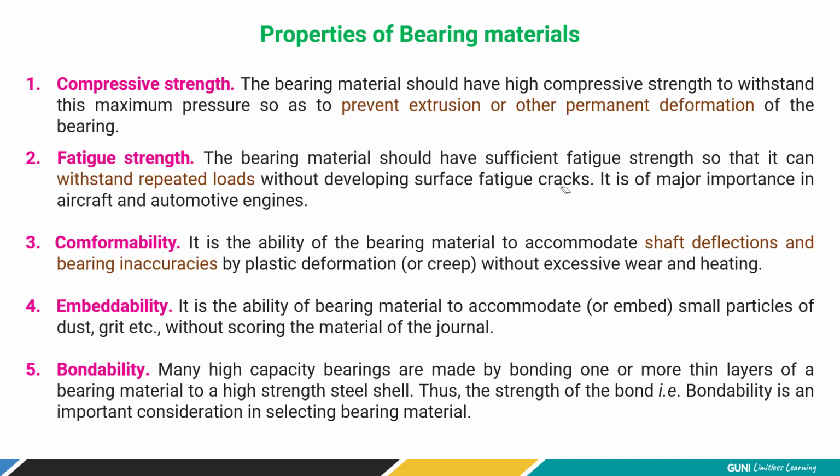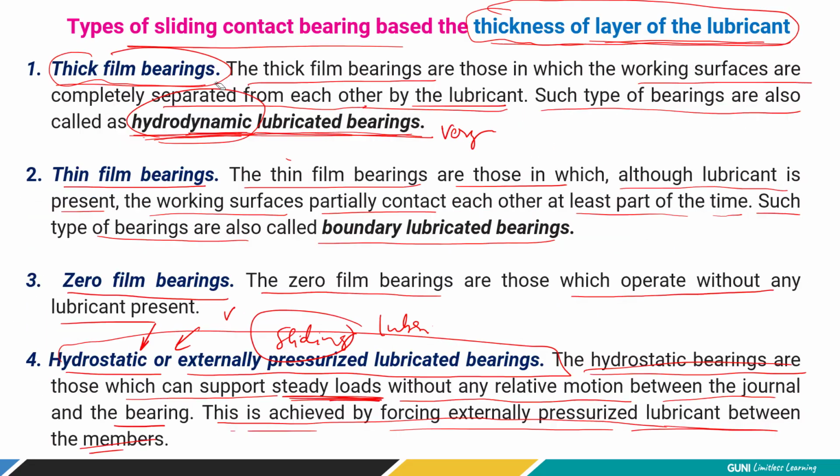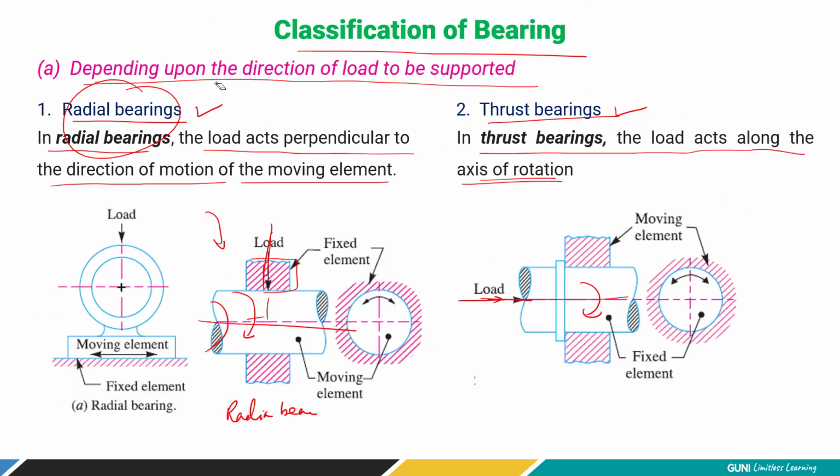Now let's talk about the properties of bearing material, right? Now try to understand the requirements of bearing materials. The first is compressive strength. Let's recall the image. Here the load is going to act on it, right?